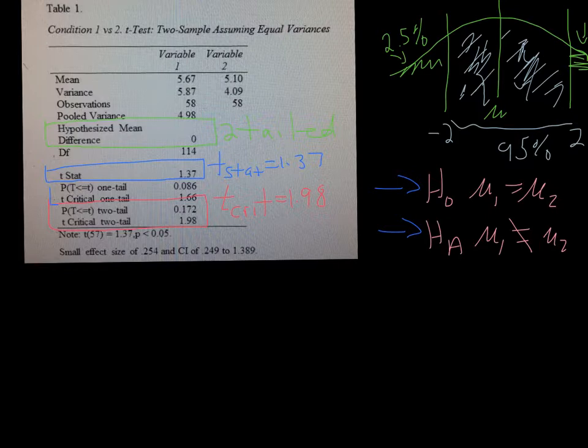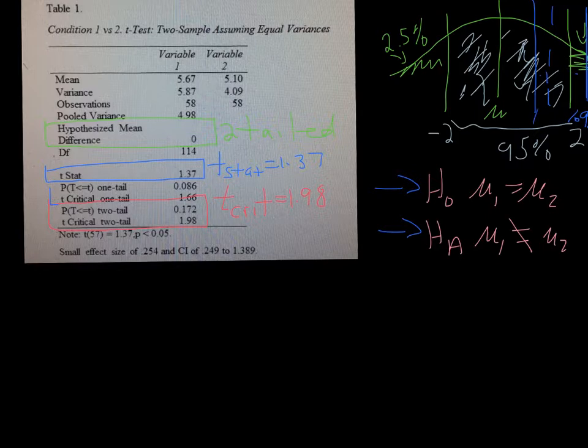So t-crit of 1.98 means that my t-crit line is over here, I hope you can see that, to the right of my two standard deviations. My t-stat is 1.37. That means that here's one standard deviation. It's just a little bit further than that along, between 1 and 2 standard deviations.